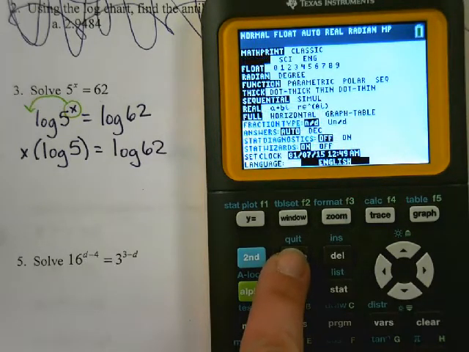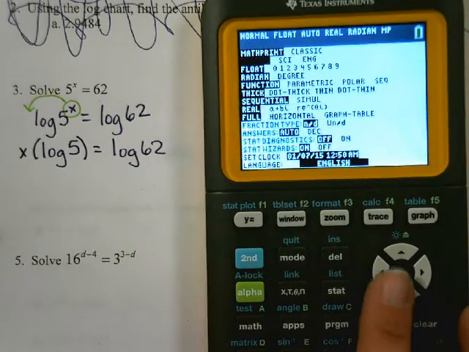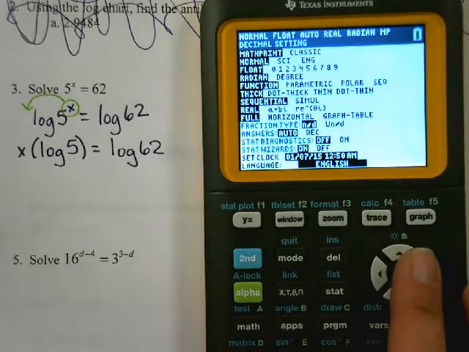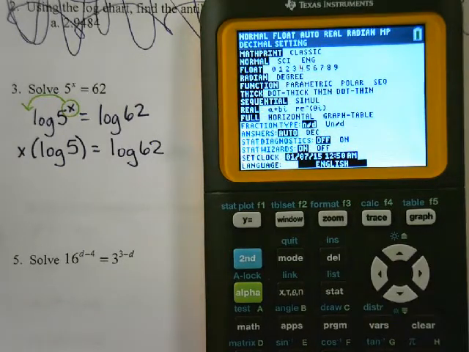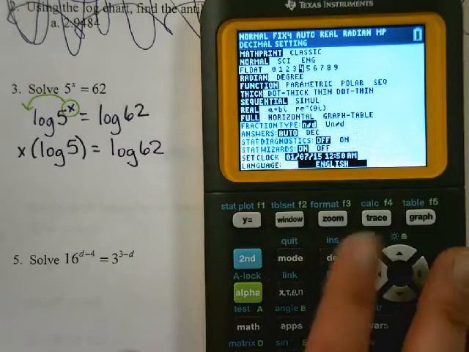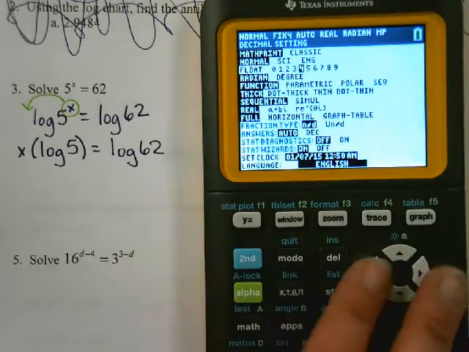This is totally optional. If you're not a fan of rounding, your calculator will do it for you. Hit mode and see where it says float right there. You can fix the number of decimal places it gives you. So if you want it to always give you 4, set it on 4. Okay? If you don't like it, you don't have to do that. I'm going to float.